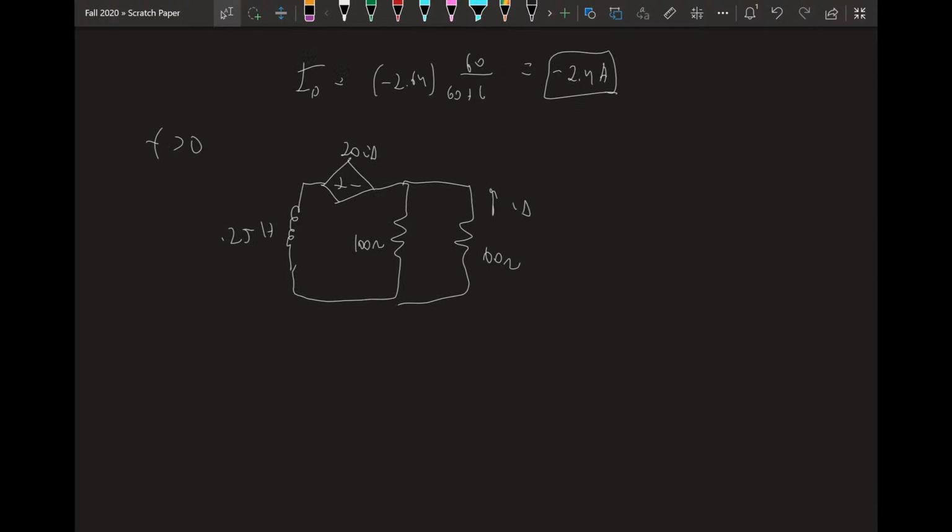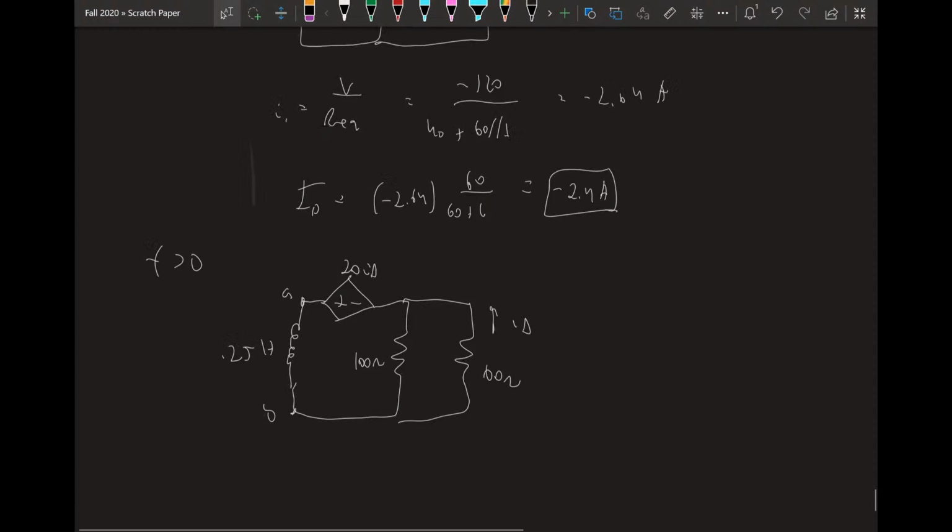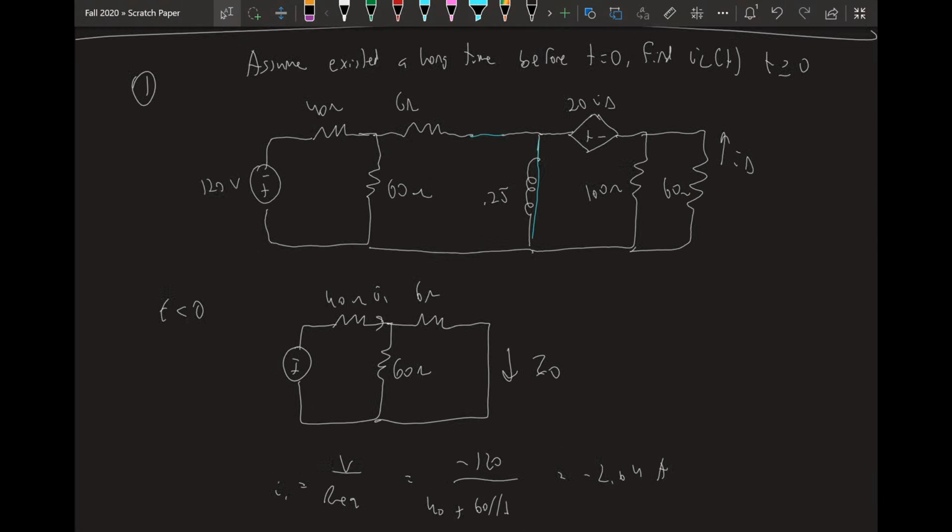We want to find the Thevenin equivalent of this circuit across our inductor. Let's call these terminals A and B. And this comes from up here, our main circuit, right? When the switch lifts, this becomes open, meaning this side is disconnected from the circuit, and we are only left with this side, which is what I drew down there.